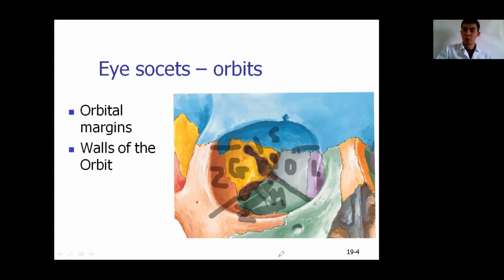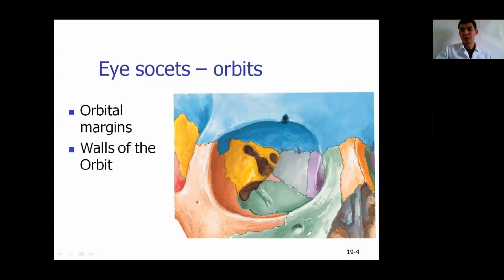So it was 4 walls. Within these orbits, and on the margins of the orbits, we can see some openings called fissures, foramens, notches, grooves.